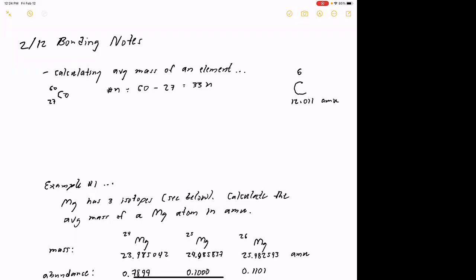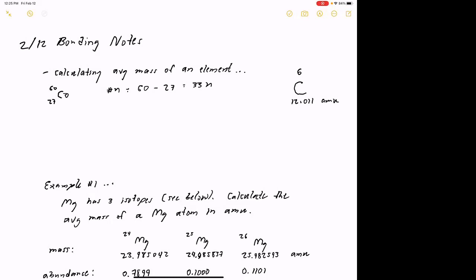There's one other thing we have to think about, though, when we're dealing with average masses of atoms. And that is, we have to worry about the abundance of each individual isotope. I mentioned in my video on the carbon isotopes that the most abundant isotope is carbon-12, about 99% of all carbons. Then there's carbon-13, a little less than 1% of all carbons, and then a trace number of carbon-14s.